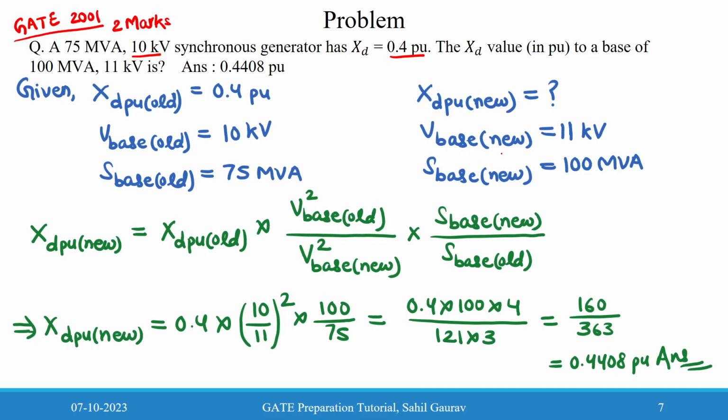So V base new is 11 kV and S base new is 100 MVA. On putting all these quantities in this expression, you get 0.4 multiplied by (10 divided by 11) square into 100 divided by 75, which gives 0.4408 per unit. So this is the answer for this problem.